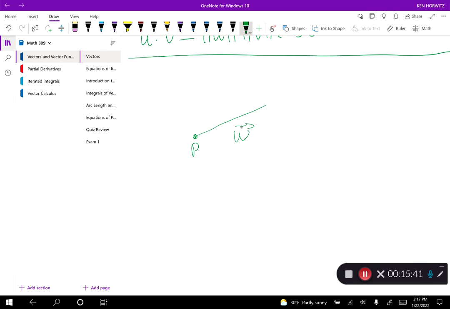vector W. Now, your dog may have a mind of its own if he's anything like my dog. And he's on a leash, so he can only go so far, but he kind of strays from your vector and walks vector V. Right? There's only so far he can go, but he's walking, you're stretching out your arm.